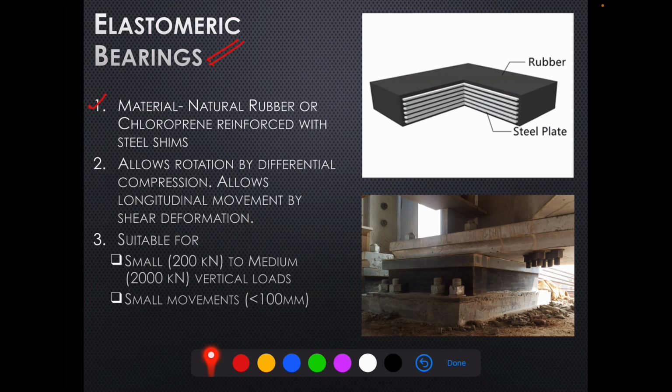We have already discussed these things in the plate girder chapter. These bearings are suitable for small to medium vertical loads from 200 kilonewton to 2000 kilonewton, and for small movements less than 100 mm. So this was about these elastomeric bearings.